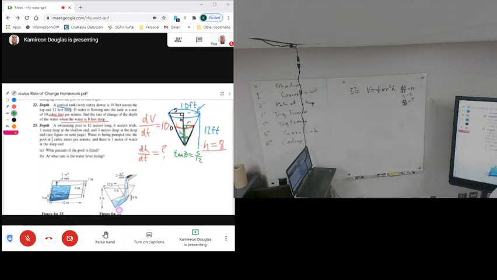That relationship would be tangent of theta is equal to the opposite for this triangle, which is R, over the adjacent, which is H. You might notice that these both contain tangent of theta, and one of them contains R and H. Now I'm going to use a property of algebra. If these two are equal to the same thing, they must be equal to each other. I now have an equation that contains both R and H.